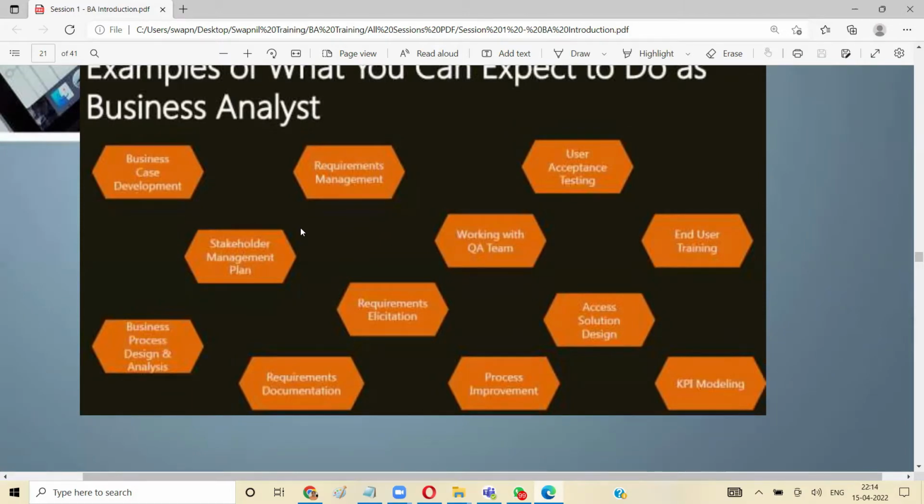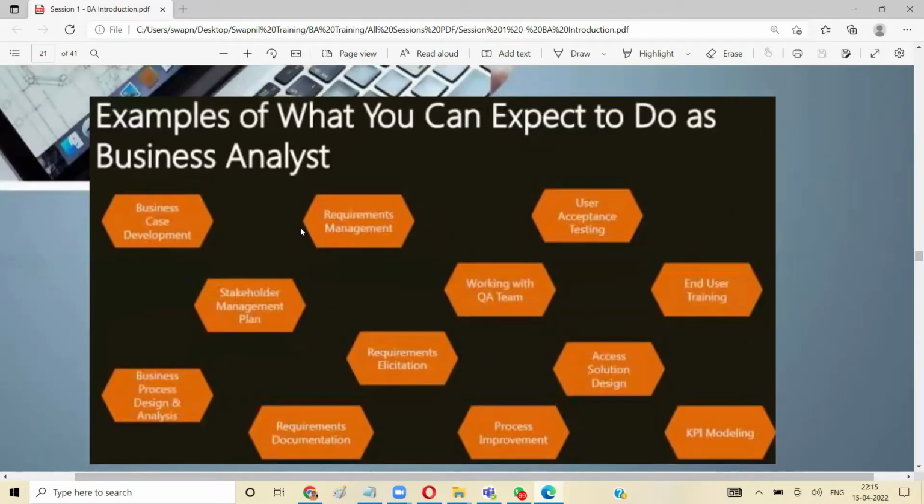The main goal of BA, as I said, is to understand the business problem and translate it into technical requirement, right? The BRD is something between technical and business, and the solution design is purely technical. So you make sure the technical design is on par with what you have put in the BRD. If the design is correct, the rest of the process becomes easy to manage. So that's assess solution design.